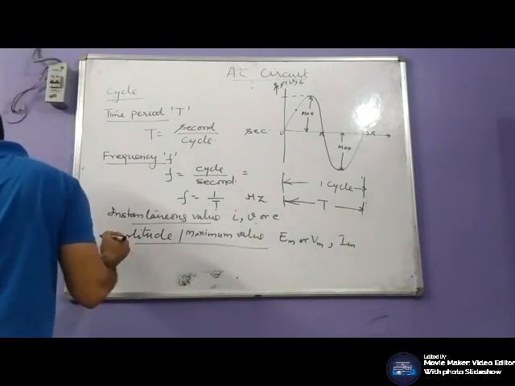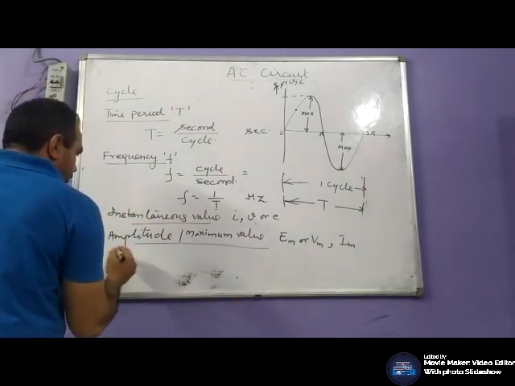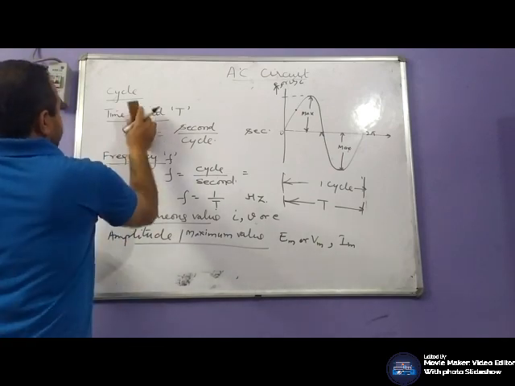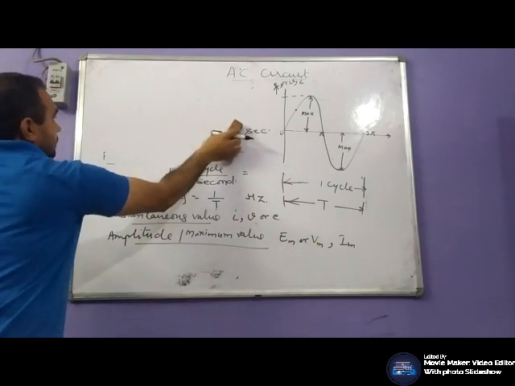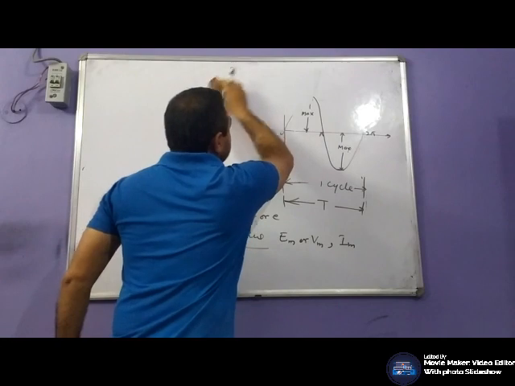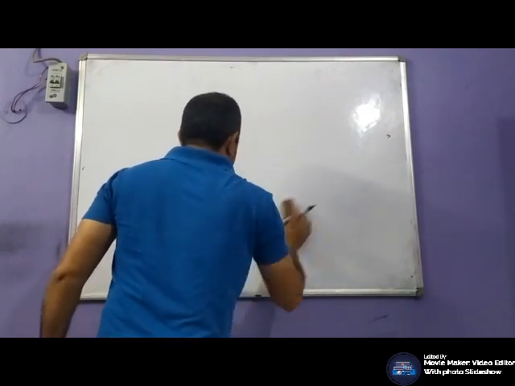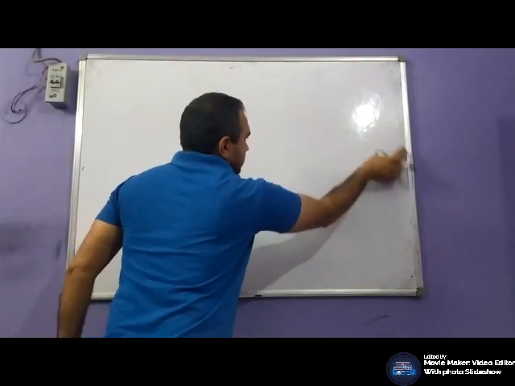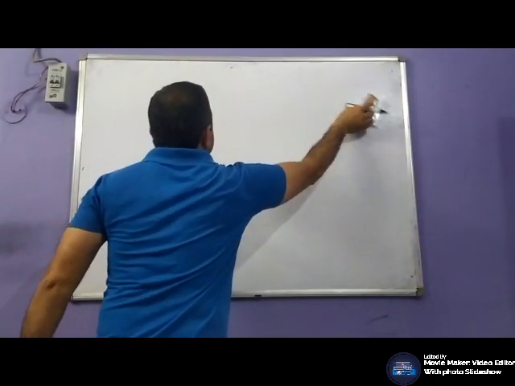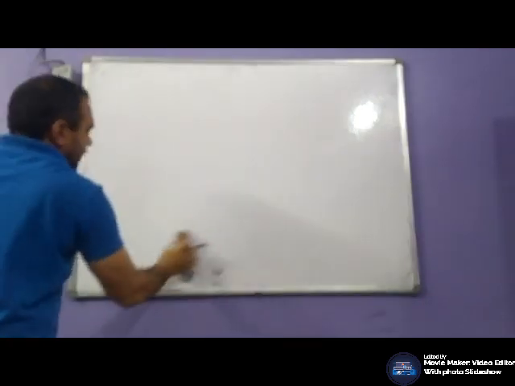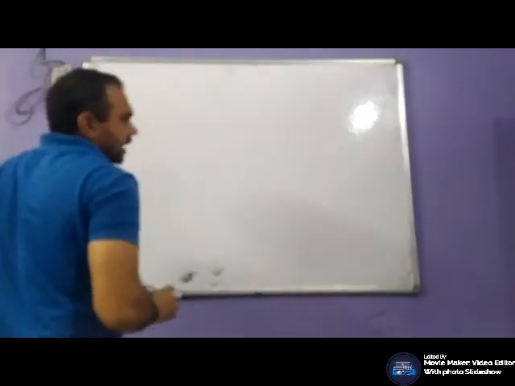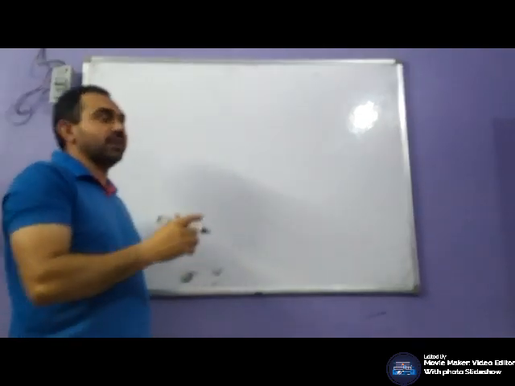Another term is root mean square value. This is the important one, because all the alternating quantities in our electrical engineering are measured in terms of their RMS value, root mean square value.